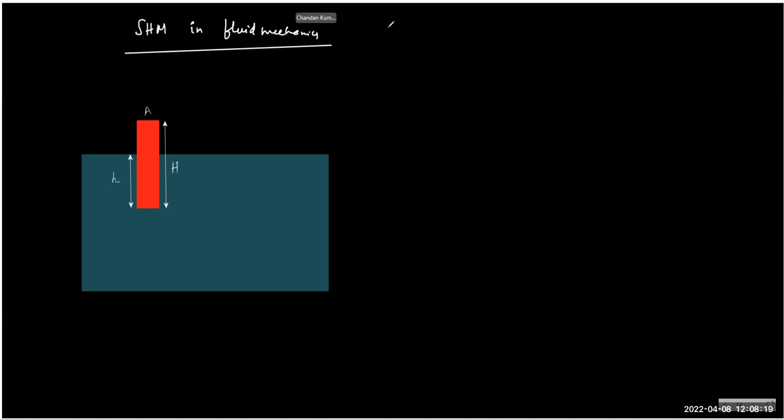Small h is the equilibrium depth. It is at rest. If this is the equilibrium depth, what does it mean?